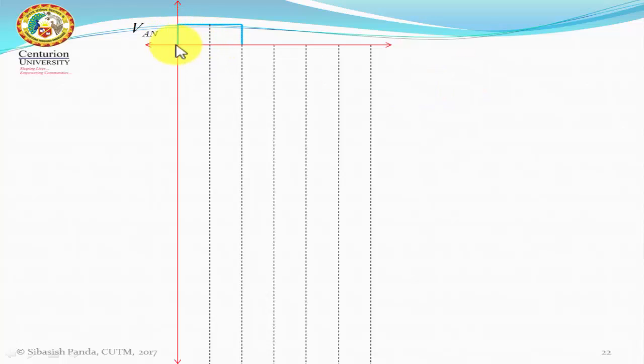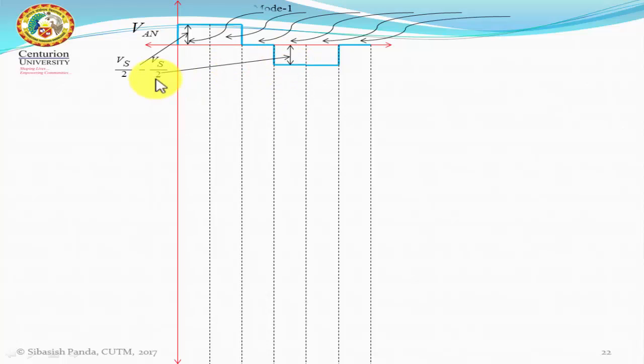So what is AN? Vs by 2, Vs by 2, then 0, then minus Vs by 2, minus Vs by 2 and 0. So this is VAN, with levels Vs by 2 and minus Vs by 2, across mode 1, mode 2, mode 3, mode 4, mode 5 and mode 6. What is BN?